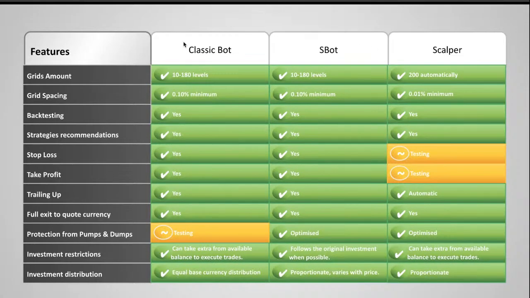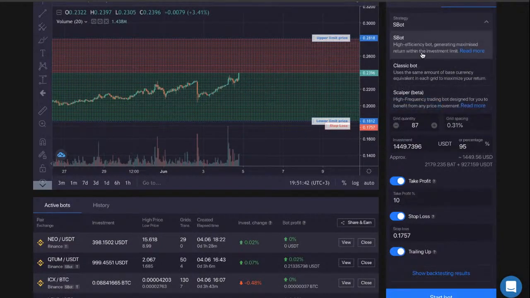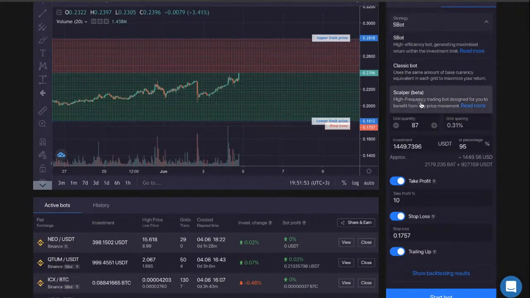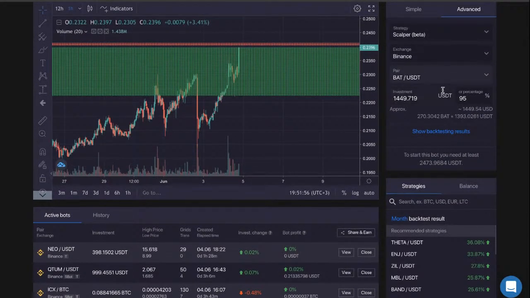That's the idea. Now we come to a comparative analysis. What makes the classic bot different from the S-bot, and what makes the S-bot different from the scalper and the classic bot? First of all, regarding the grids amount, we have from 10 to 180 grid levels for both the classic and the S-bot, which you can choose right here. Regarding the scalper, 200 grid levels will be automatically placed, so you are not able to readjust it.